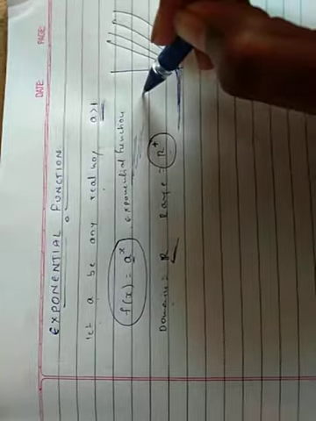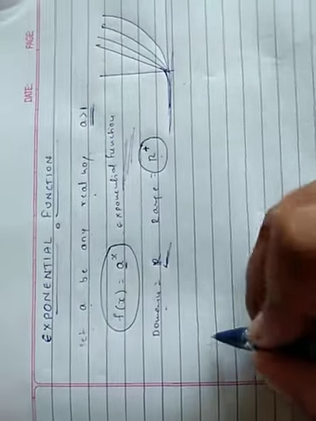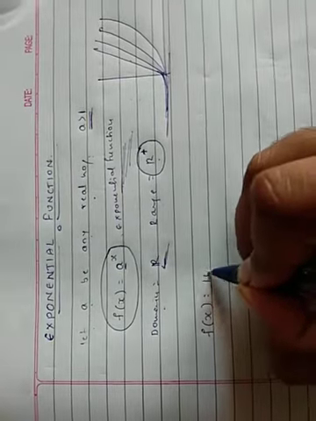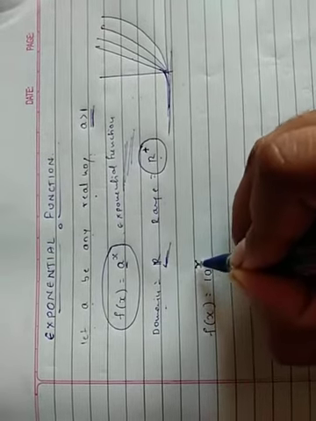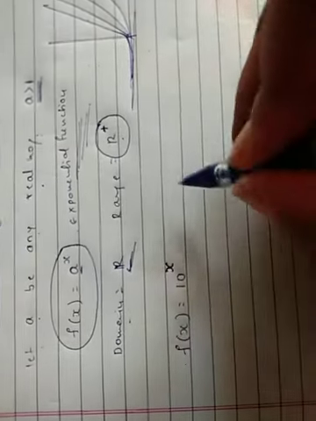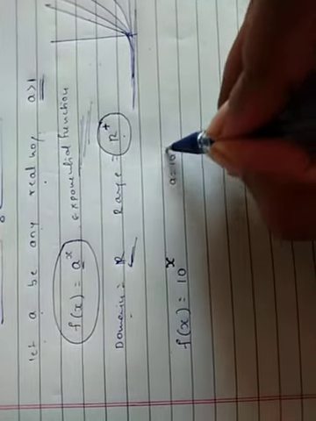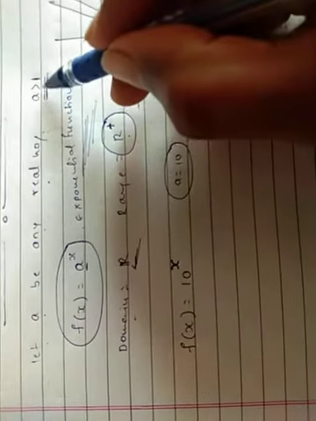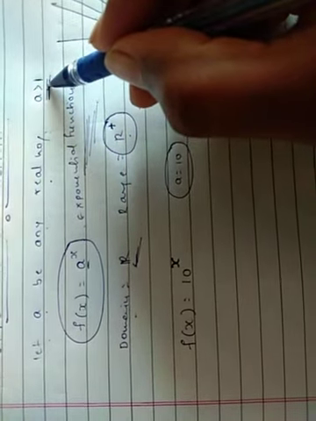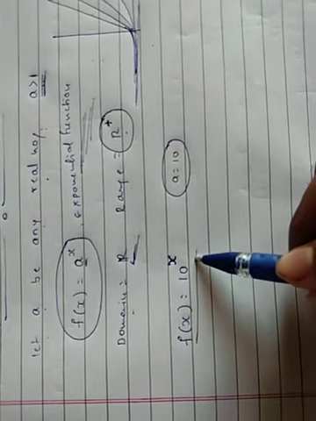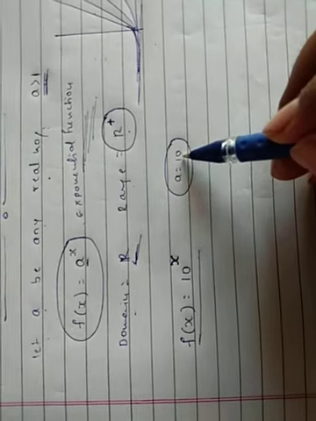Now observe here, suppose we have f of x is equal to 10 to the power x. Here a is equal to 10, which is always greater than 1. Then we call this function an exponential function with base 10.